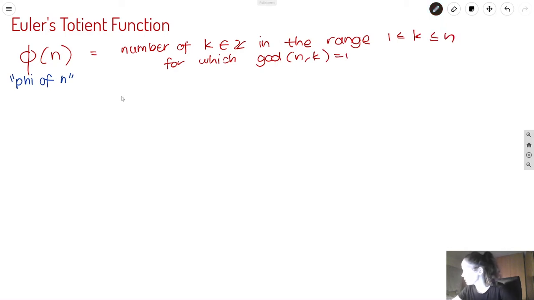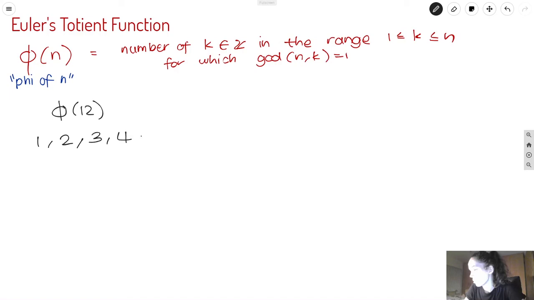Okay, so let's do an example quickly. Let's look at the number 12. Let's quickly look at all the numbers up to 12. We're going to have 1, 2, 3, 4, 5, 6, 7, 8, 9, 10, 11, and then 12.